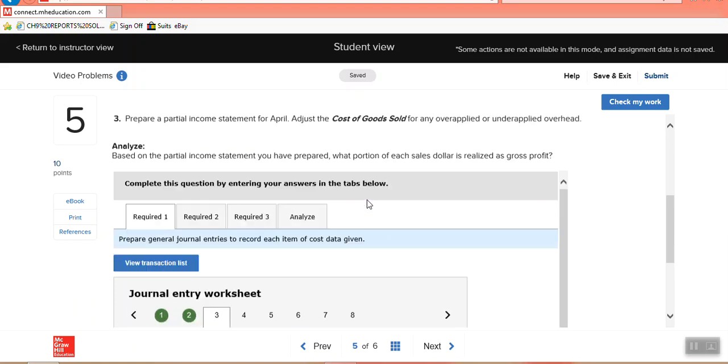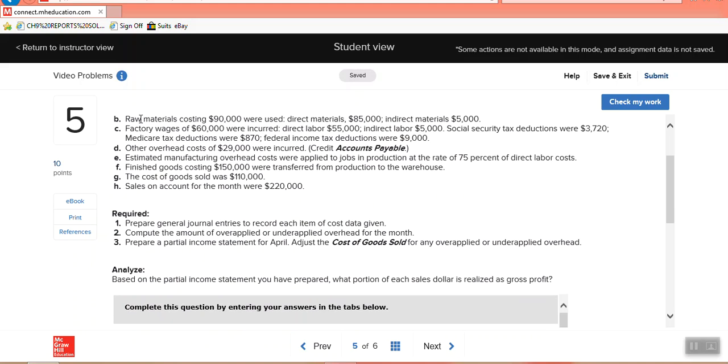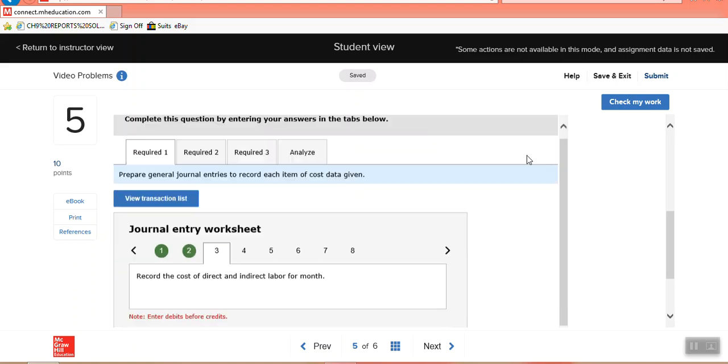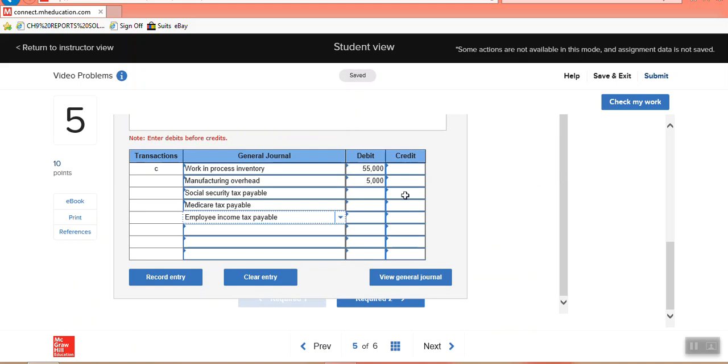So Social Security, Medicare, and federal tax deduction. We're just going to plug those amounts in directly into those payable accounts because we actually owe those to the government, exactly like they were in the instructions.